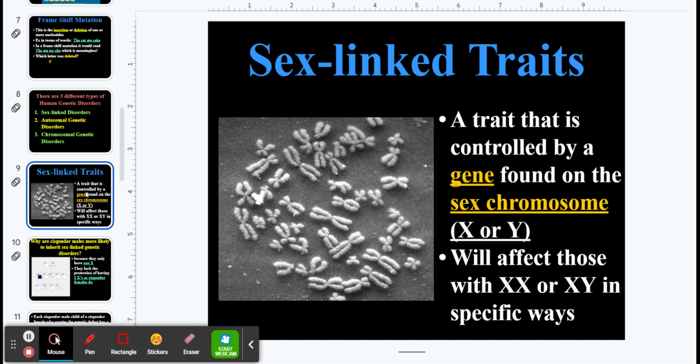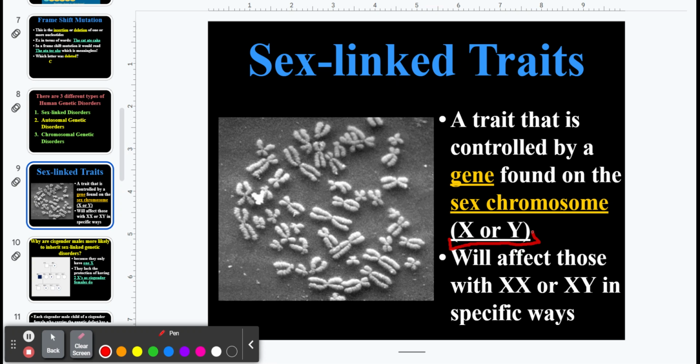So the first one is called a sex-linked trait, and that means that where that mutation occurred is on the sex chromosomes, which are X and Y. The reason it's important to know if it's a sex chromosome or a body chromosome, we're going to talk about in just a second.